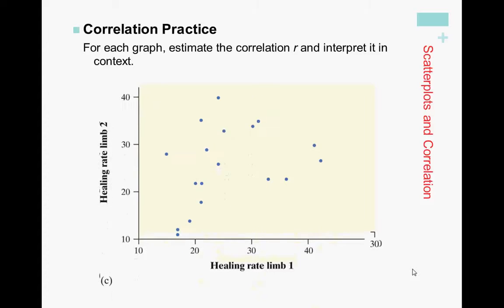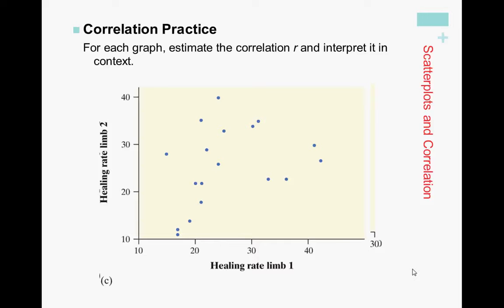So check out this one with healing rate. Pause it. I'd say my gut goes with maybe a 0.1 on this. There's somewhat of a positive relationship, but really only because of those 4 dots in the lower left that I even think that.